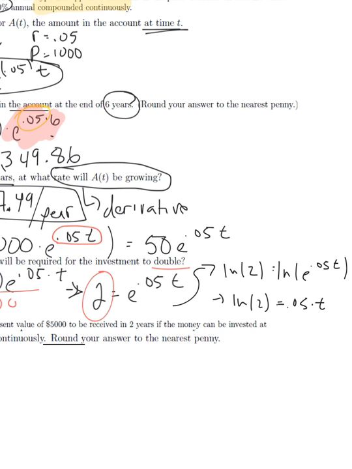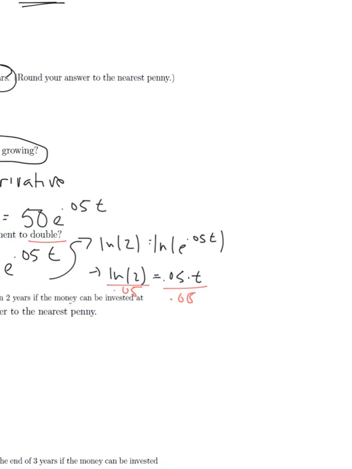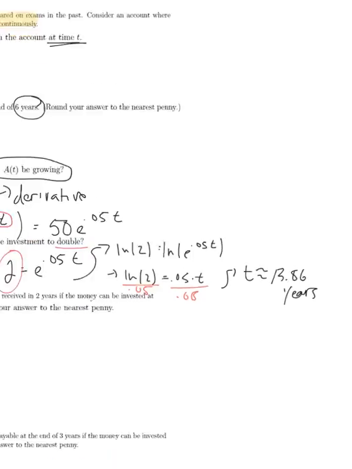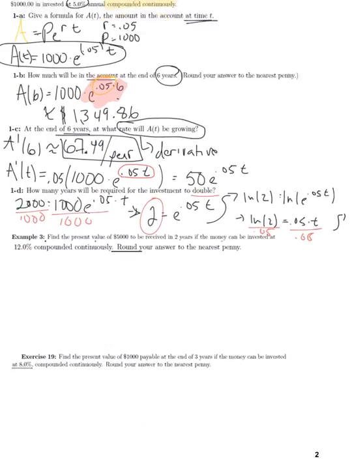We divide both sides by 0.05, and we get that the time it takes to double the investment is approximately 13.86 years.